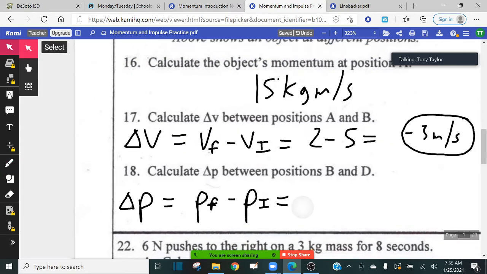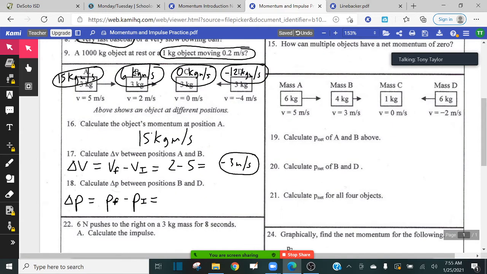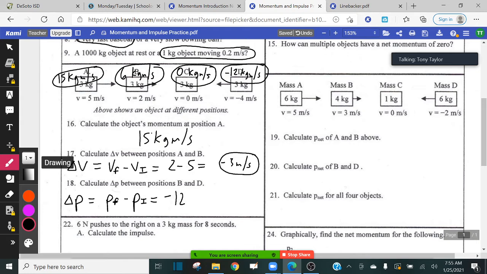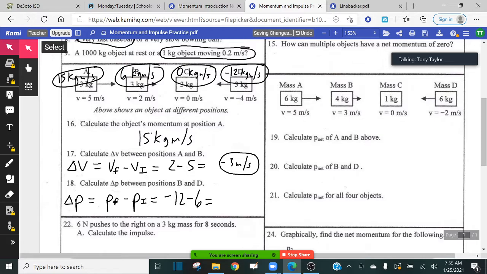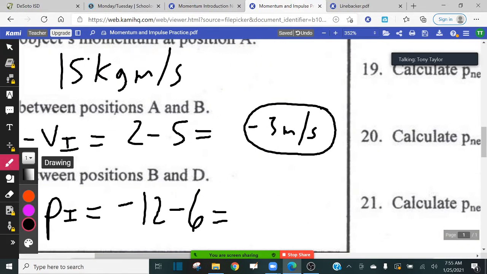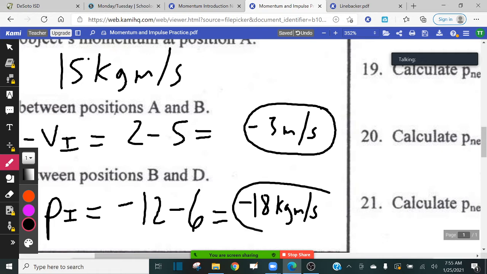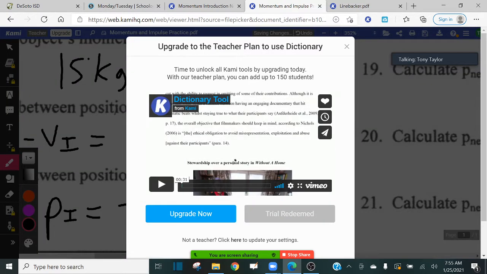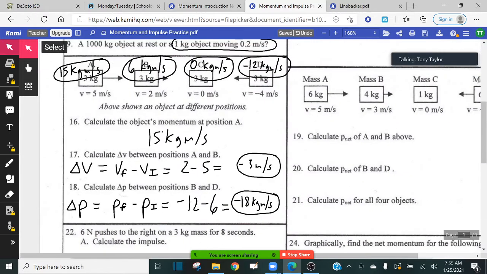Since we're solely looking at position D and position B, position D would be the final momentum, which is negative 12, minus the initial momentum, which is 6. So the question is, what is negative 12 minus 6? That gives you negative 18 kilogram meters per second. So negative 18 would be the change in momentum between this position and this position.